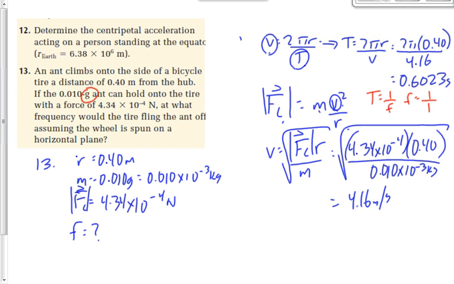It's 1 over the period, 1 over 0.0623, and it's going to give me 1.655, which we should round to 2 digits, right? 1.7 then, right? Is that okay? How many people got that?